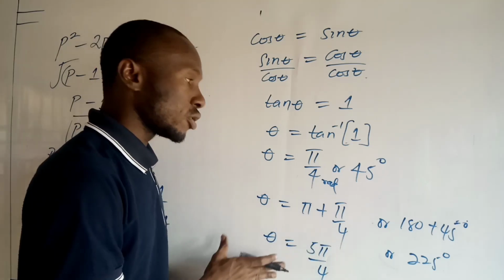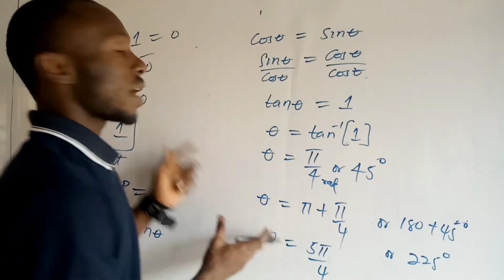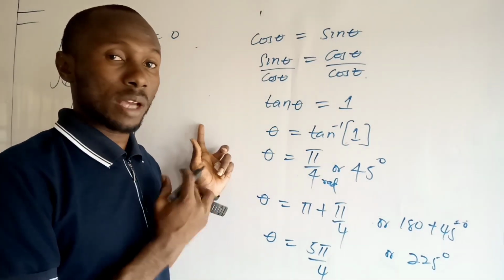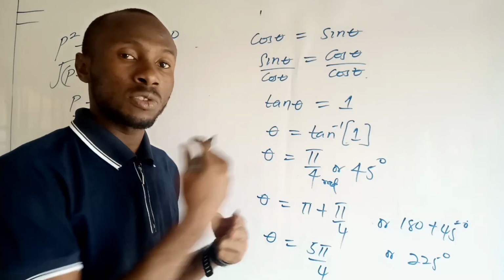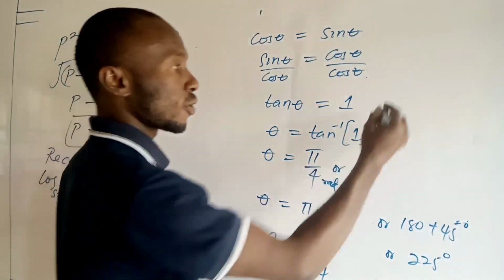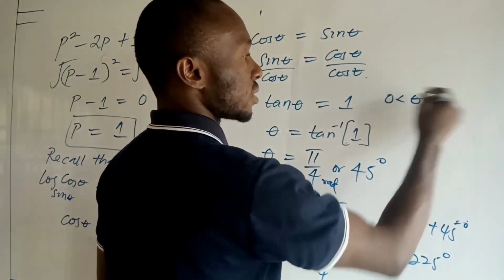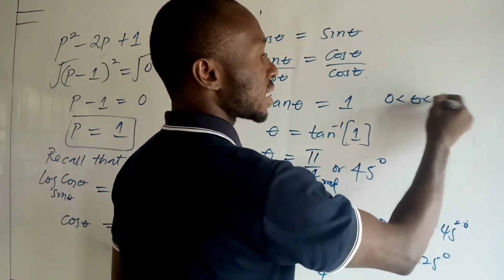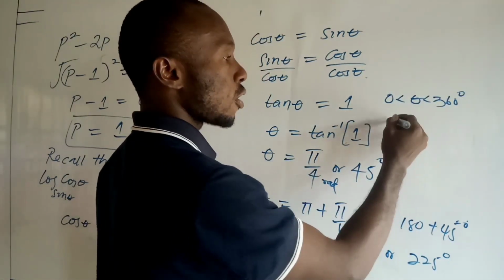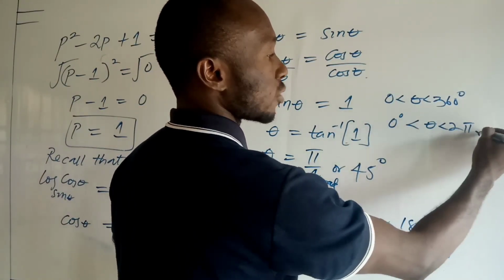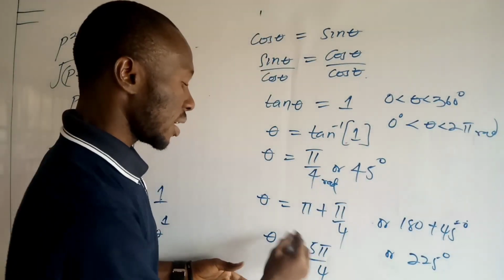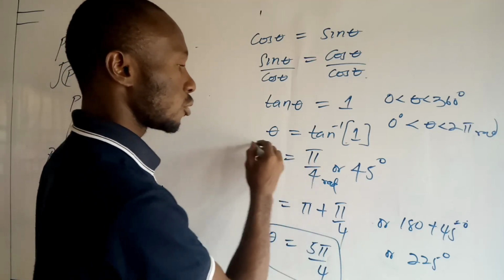So these are the values of theta that will satisfy the given logarithmic equation we are solving, when theta ranges from 0 degrees to 360 degrees, or 0 to 2 pi in radian. So this is the value of theta for this solution.